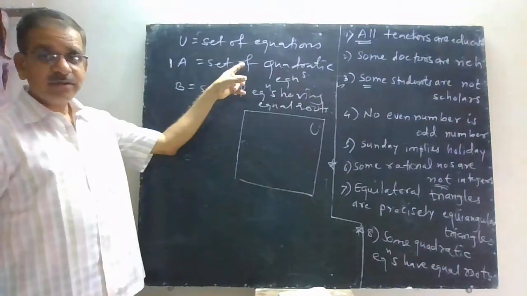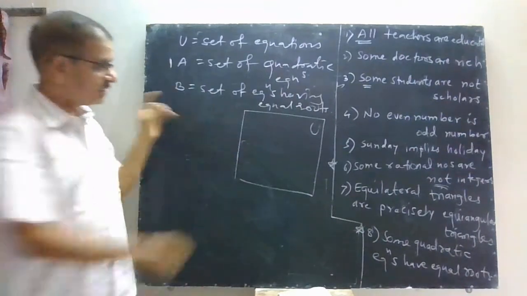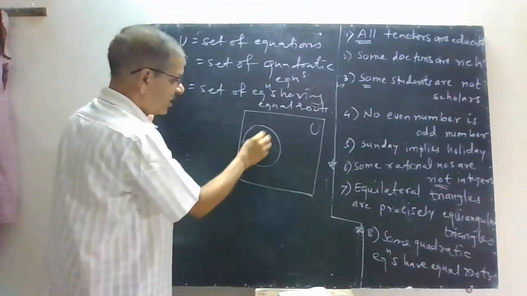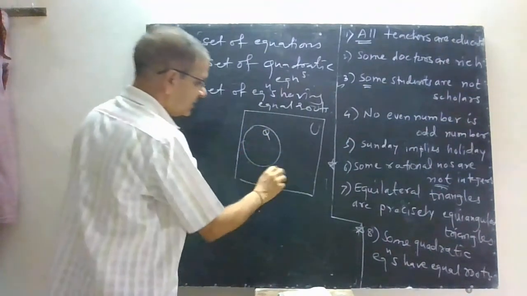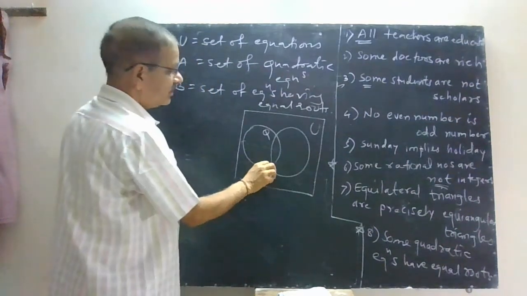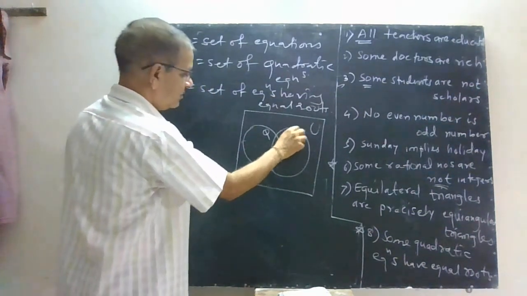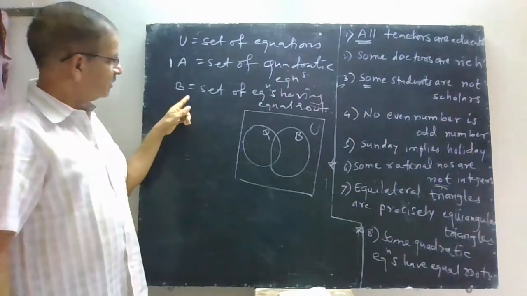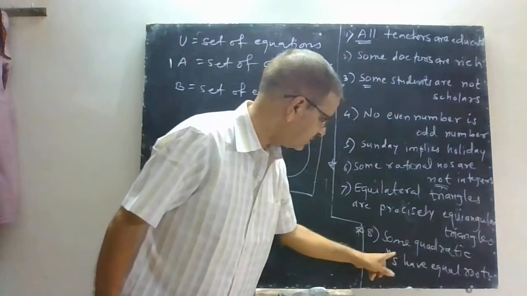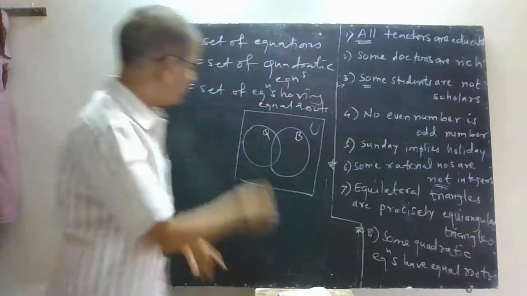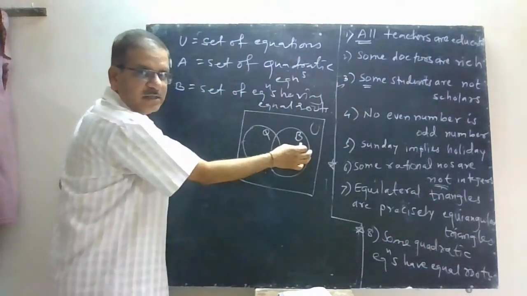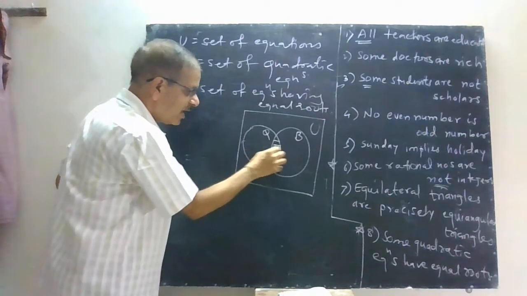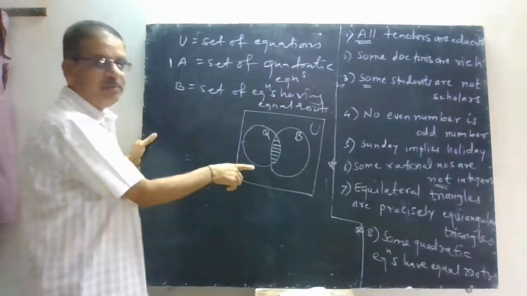Now remember that one, these two will be different sets. Now this is your set of quadratic equations, and this is your set of equations having equal roots. And then what you have to show is some quadratic equations have equal roots. So these are quadratic equations, these are equations having equal roots, and some of them overlap. So this will be your figure.